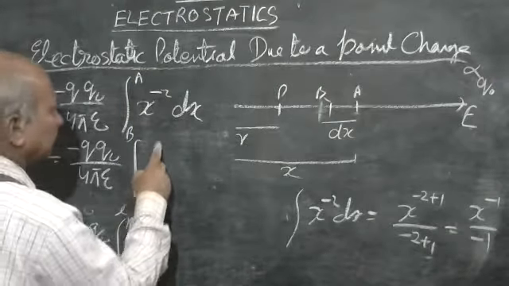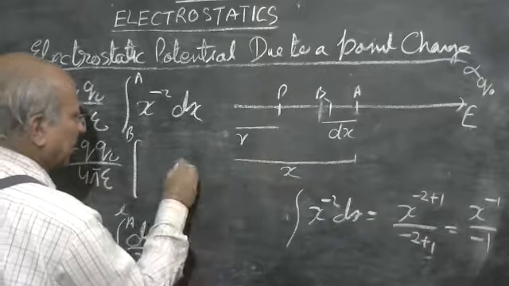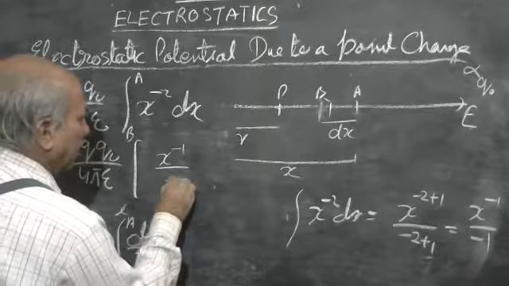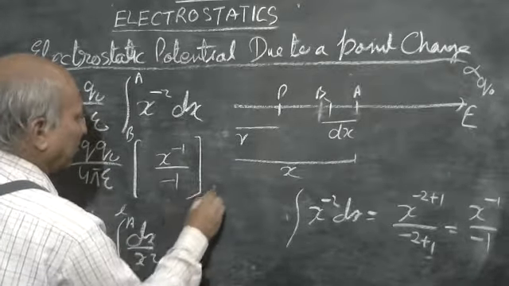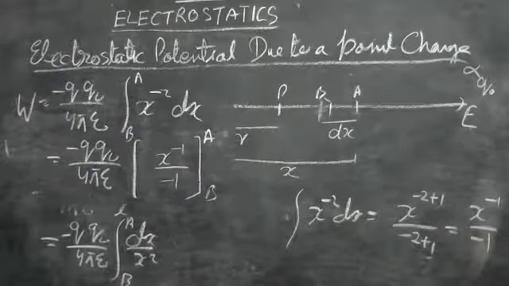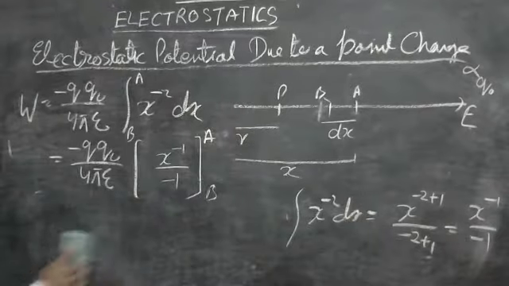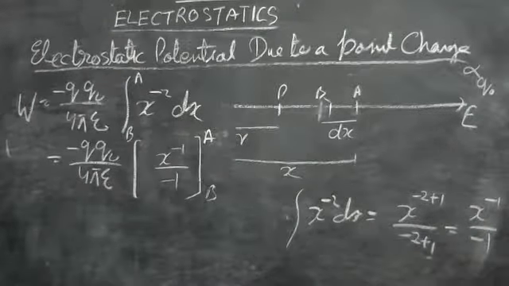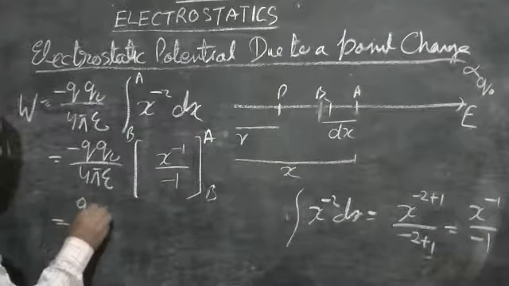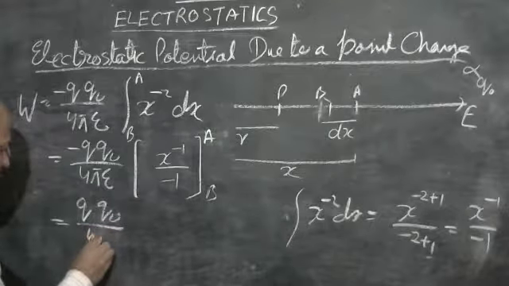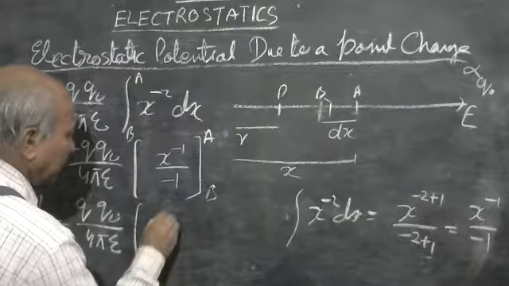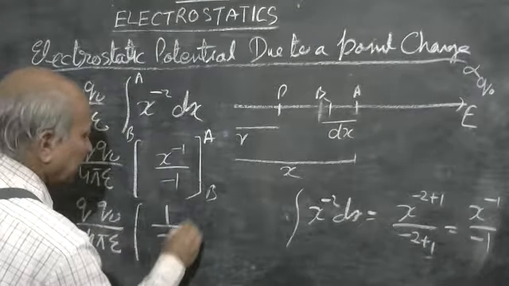Now write this: x to the power minus 1 upon minus 1 from B to A after integrating. Now this minus and this minus become positive, q naught upon 4 pi epsilon naught, and this will be 1 upon x.